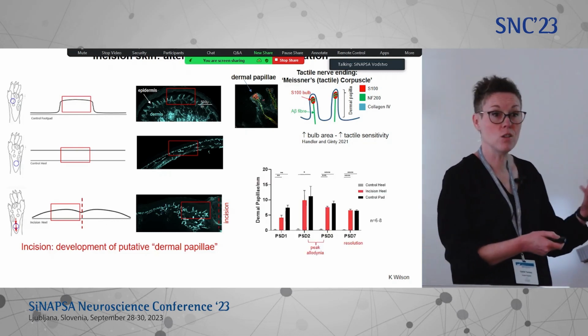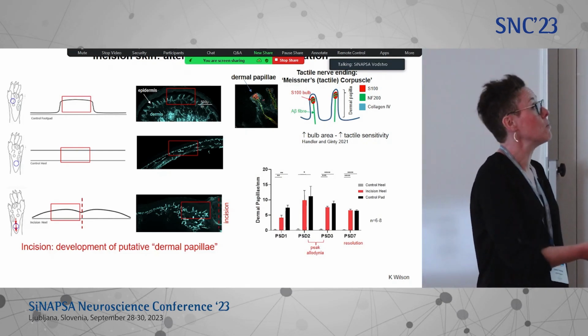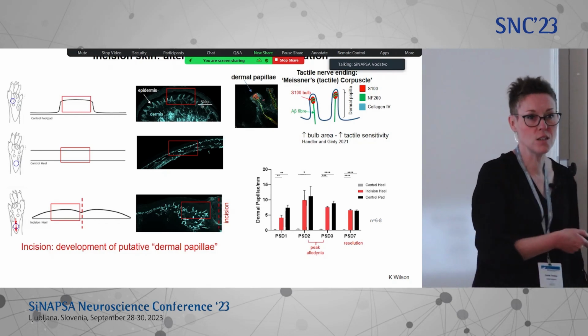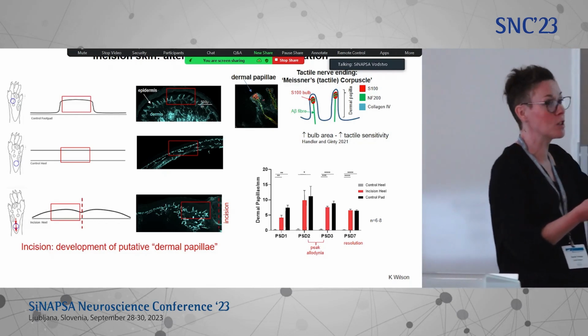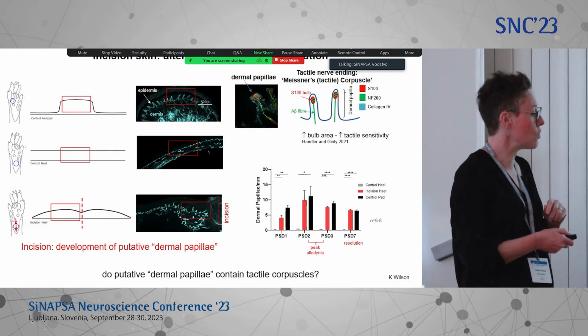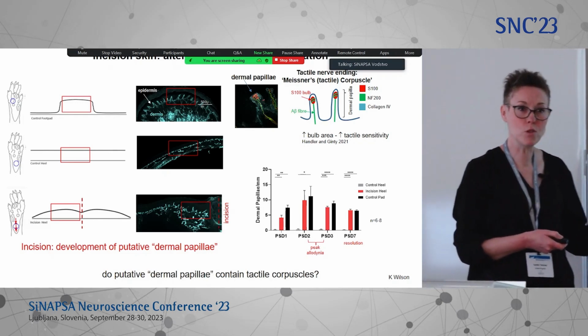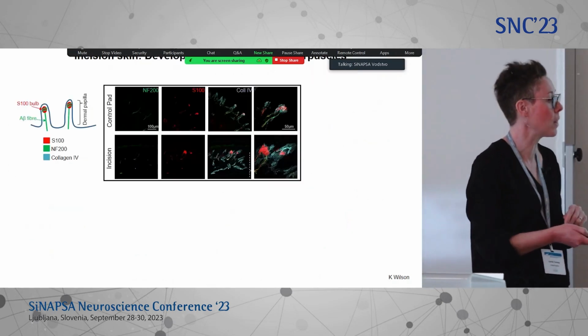And if we look at the density of these protrusions, they're pretty comparable to the density of these structures in the control pad, which is specialized to detect fine touch. So not surprisingly, we asked, do these putative dermal papillae contain tactile corpuscles?